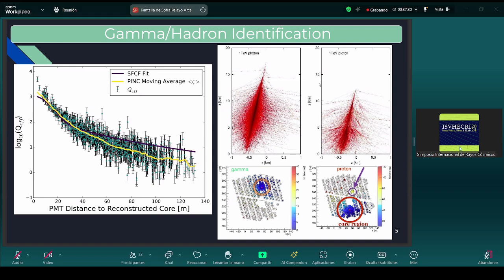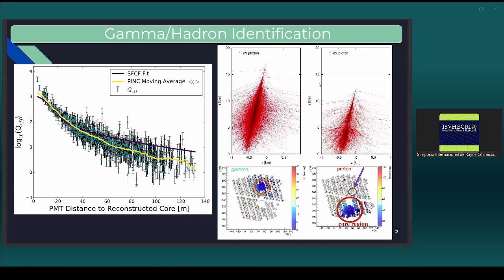The times of the events are really smooth around the core that we can reconstruct. While for the proton, this distribution is not as smooth and is characterized by these hotspots, which are mainly muons that come and deposit a big amount of charge in these detectors.